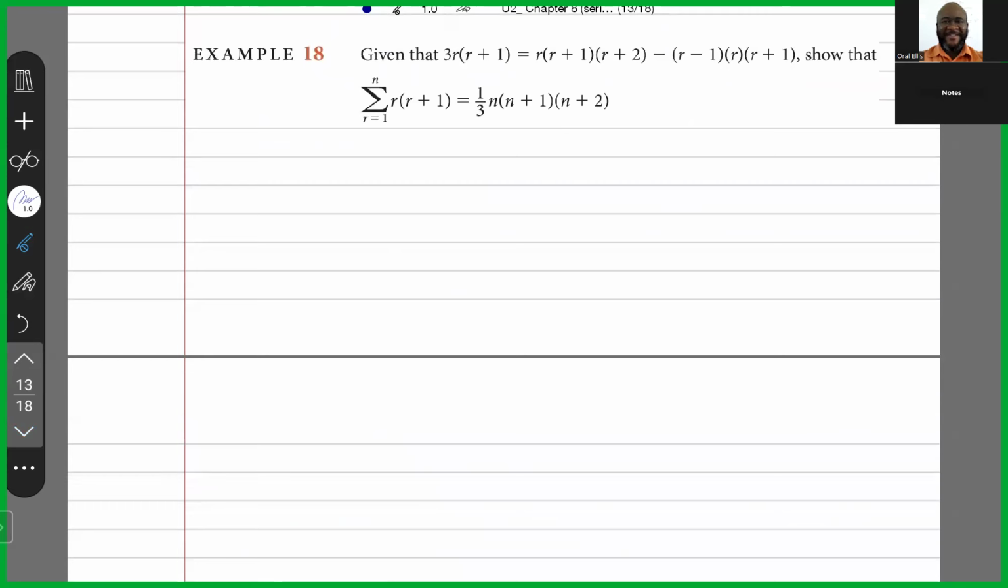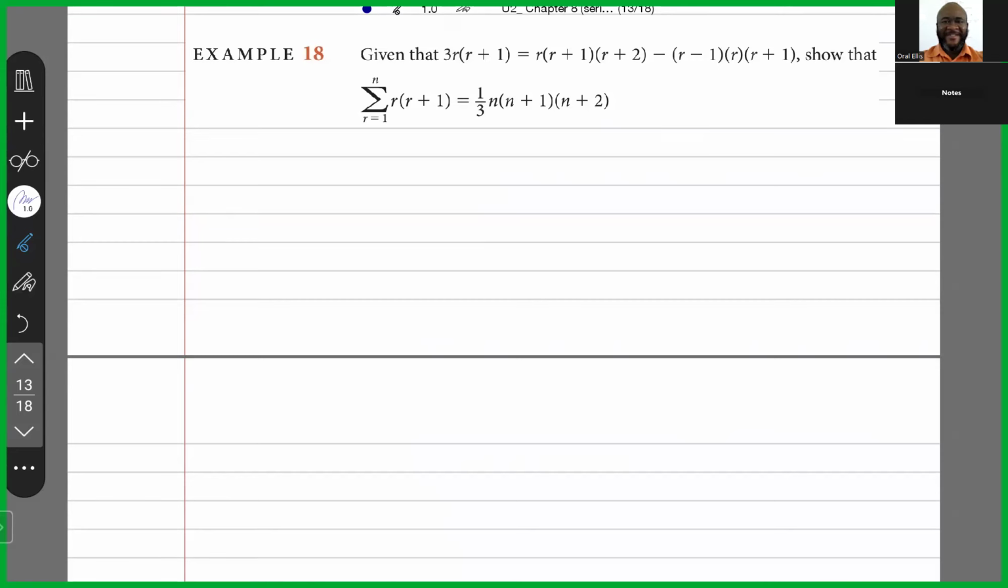All right, so next, let's have a look at example 18. Example 18 says, given that 3r into r plus 1 is equal to r times r plus 1 times r plus 2 minus r minus 1 times r times r plus 1. So we're told that that is equal to that.